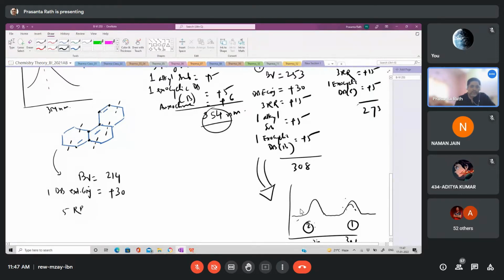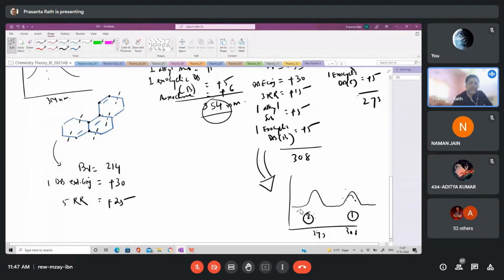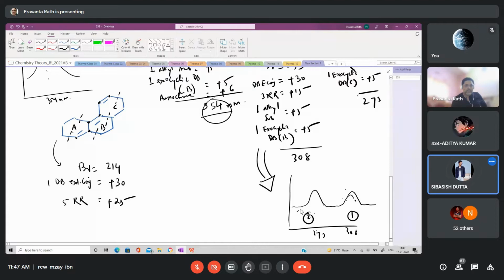So 5 ring residues, that is plus 25, and exocyclic double bond, look, can you tell me how many exocyclic double bonds are there in total? This is an exocyclic double bond. Two. Yes? 3. 2. Look, is it exocyclic or not with respect to B?